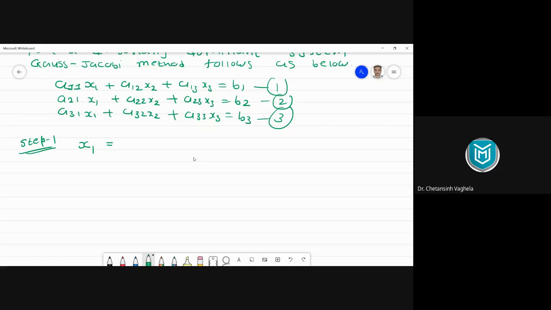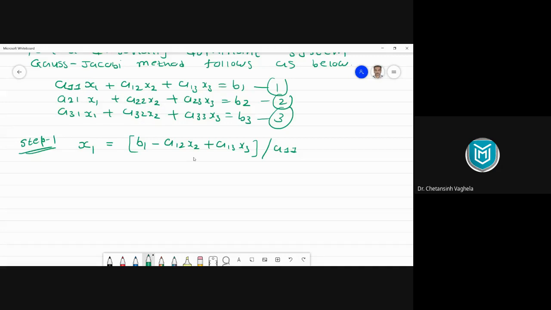So I need to transfer them on the other side. So it will be B1 minus A12 x2 plus A13 x3. And also I need to divide by A11. So I will divide this by A11. So with the help of first equation, I got my first formula for the variable x1.